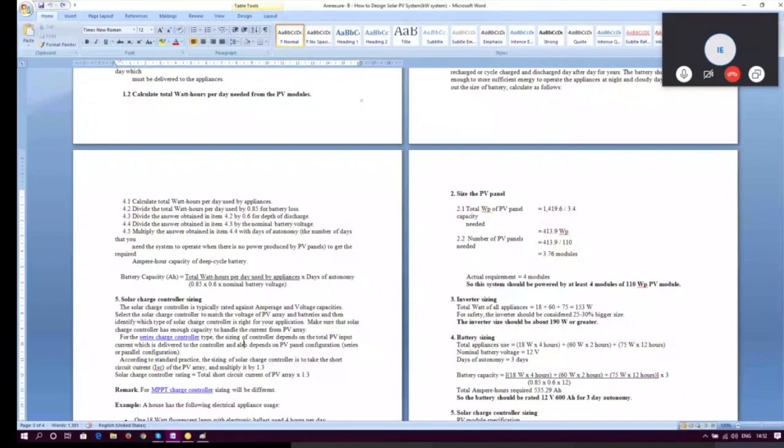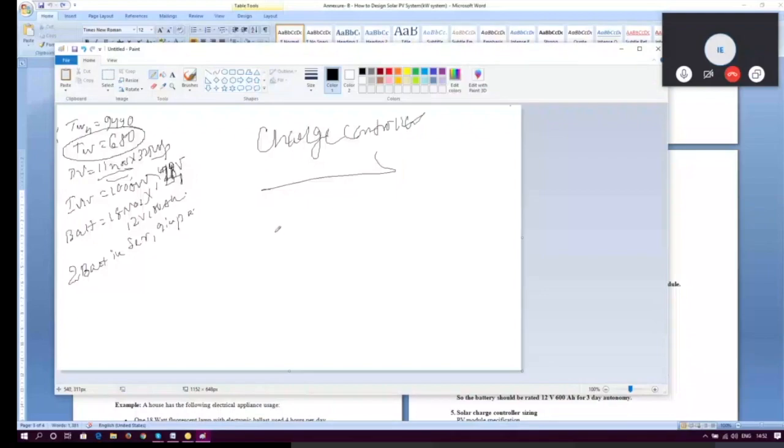In a charge controller, only one thing we can design, that is the current rating: what MCB or DC fuse we can provide, whether MCB or MCCB, whatever you want. So what exactly we want to provide for saving the inverter, saving the battery.